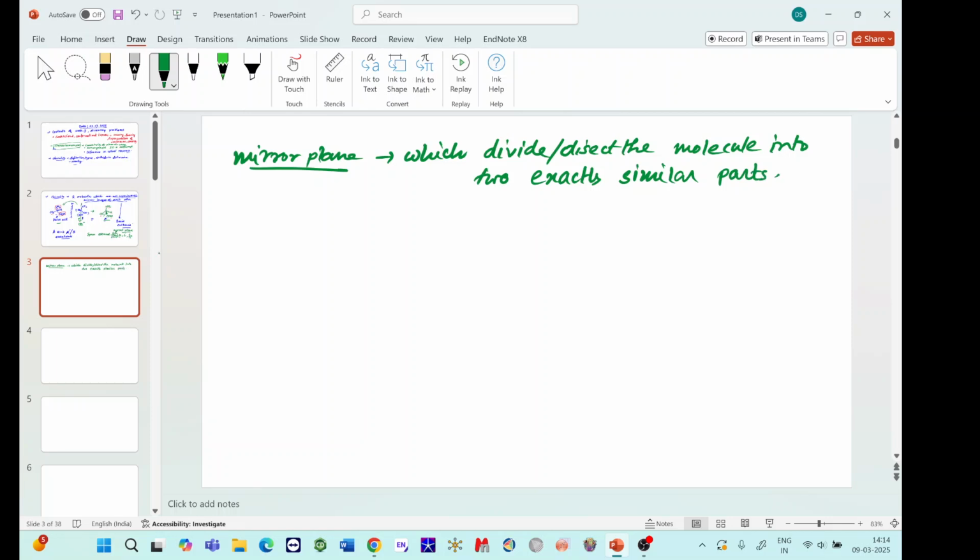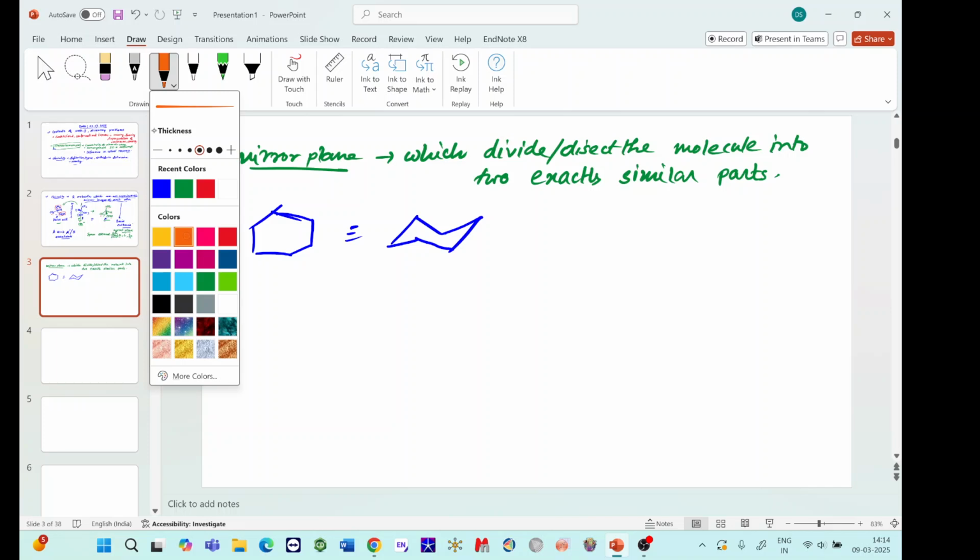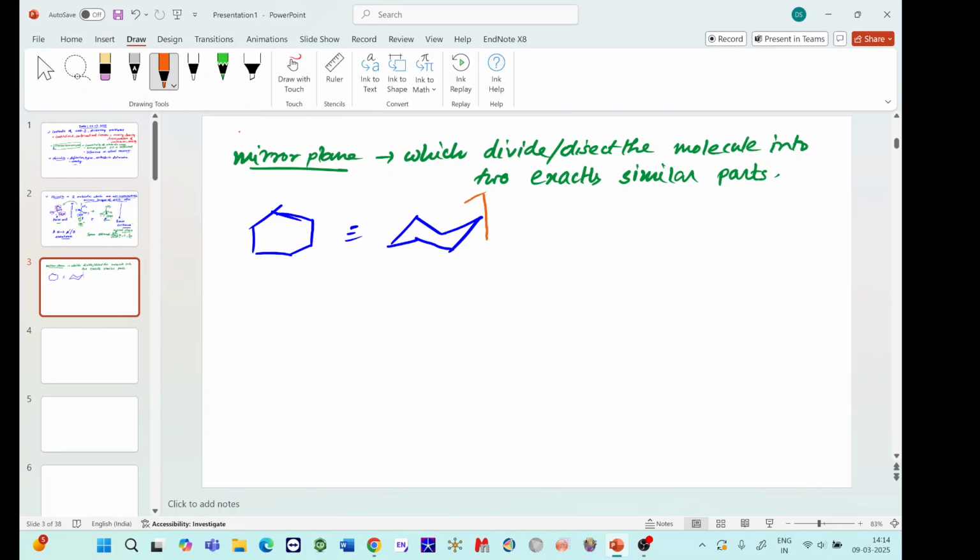Suppose I have cyclohexane. You know how to represent it in 3D; it's a chair form. Now if you consider one plane, which is going from this carbon to this carbon, you can see you have two exactly similar halves.